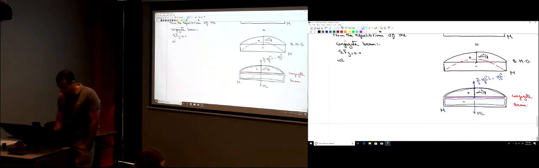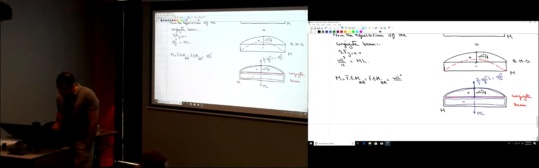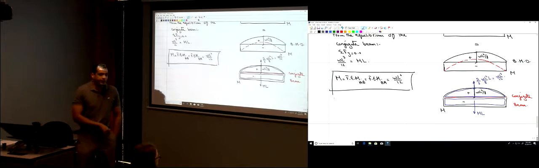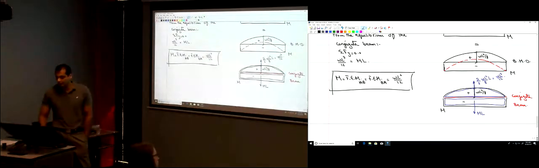We have WL cubed divided by 12 equal to ML. So M, which is the fixed end moment at AB, equal to the fixed end moment at BA, equals WL squared divided by 12. That's what we wanted to find: the magnitude of the fixed end moment due to a uniformly distributed load.